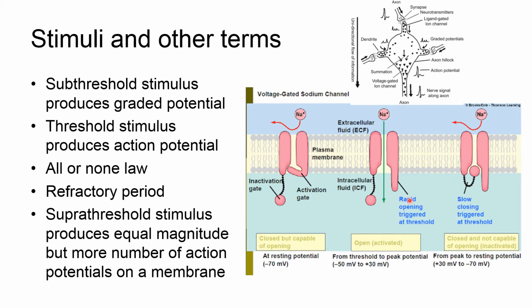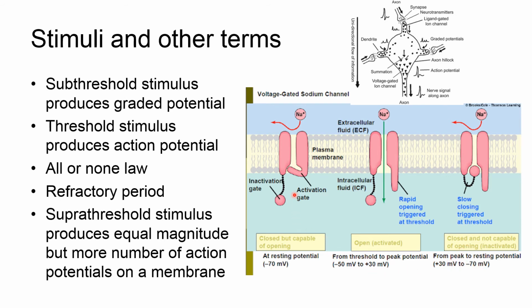If the stimulus is of threshold level, then the action potential produced on a membrane depolarizes up to a certain level. For example, if the membrane is at minus 70 millivolt, it will always go to, for example, plus 30 millivolt and then back to minus 70 millivolt.